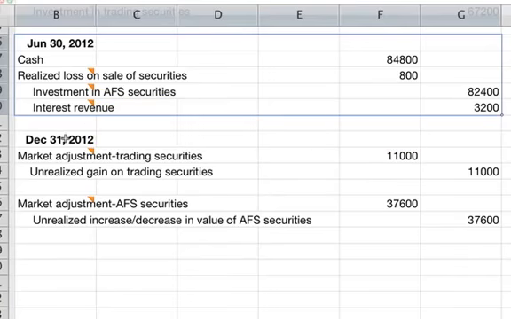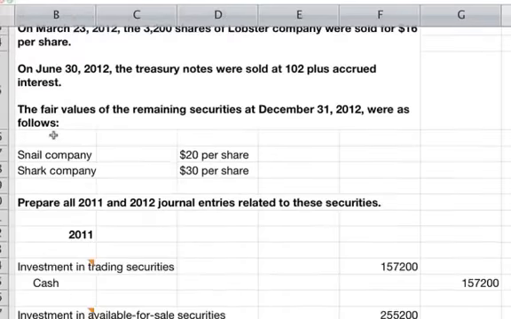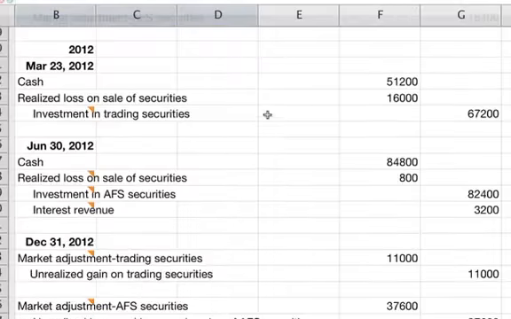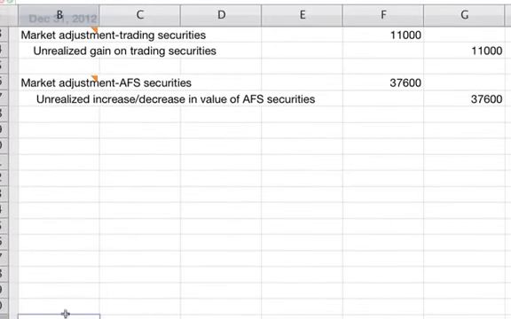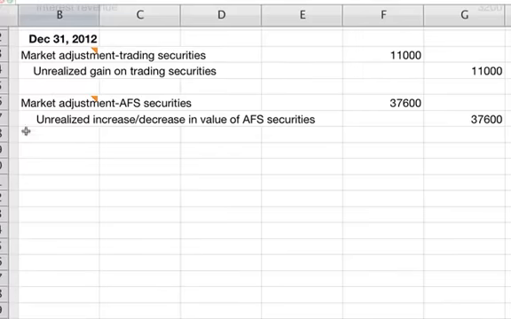Now on December 31st, 2012, we have these adjusting entries again, and these were the values. Snail Company $20 a share, Shark Company $30 a share. So for this one, okay, I moved that down so you can see this.